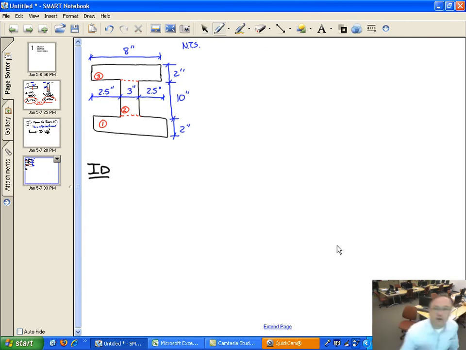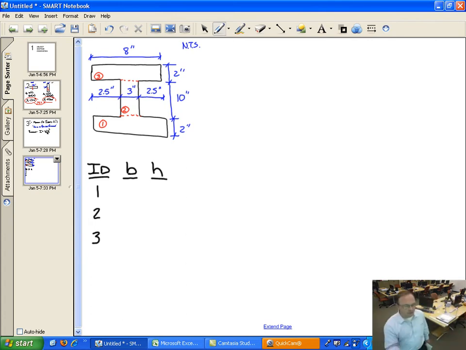So, one of the things I like is this table layout, so I can clearly follow somebody's progression of logic. ID 1, 2, 3. Our geometrical shapes, base and height. What's the area of shape 1? Well, 1 is going to be what? Base is 8 inches. The height is 2 inches. What about 2? The base is 3 inches. The height, 10 inches.